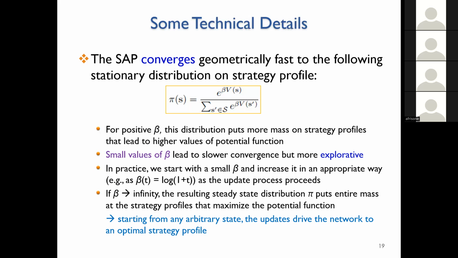What is nice here is that you don't mind where the network starts from. If you run the algorithm like this, you will always go to what is expected. Some algorithms do not work in that way. If you start from a bad initial point or configuration, you will never achieve what you like. And here you don't have this issue.